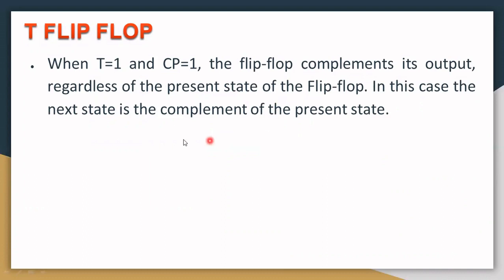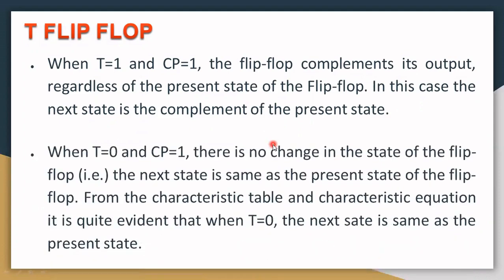In this case, the next state is complement of the present state. So we can avoid the toggle state or racing condition because we are using only one input. When T is equal to 0 and clock pulse is equal to 1, there is no change in the state of the flip-flop. The next state is same as the present state of the flip-flop.